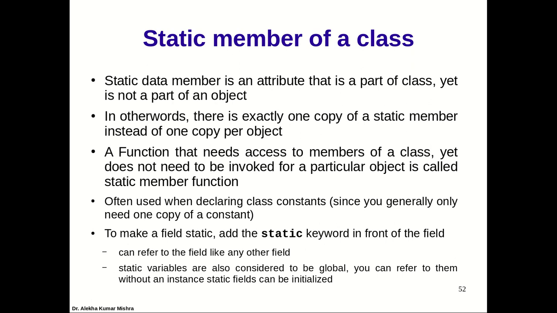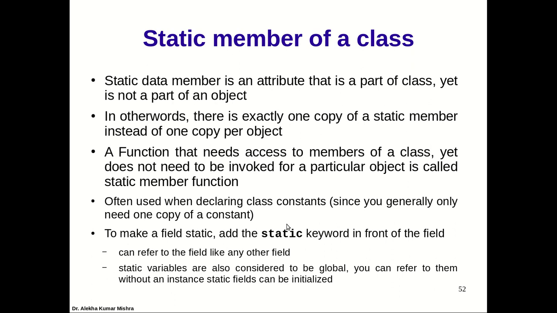But this restriction is relaxed for static member functions. When a function member is static, it may be called via an object, but it may also be called without one, because static member functions are allowed to operate only on the static data members. They cannot access non-static data members. That is the restriction in the static member function.